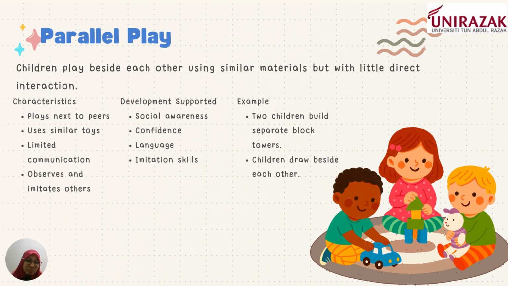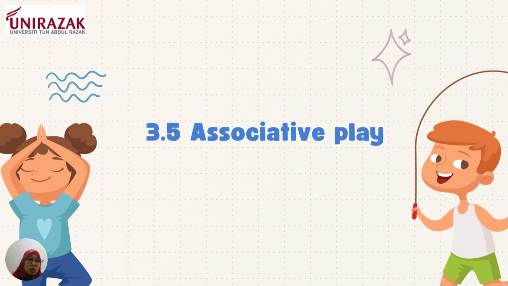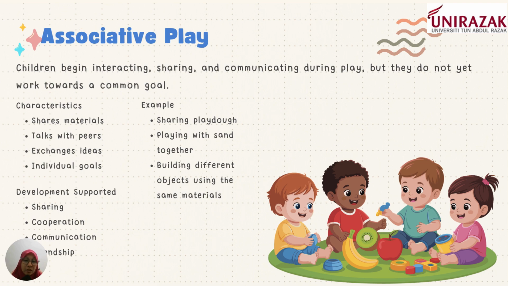Then we go to associative play. Associative play is a step where children start to interact more with each other. They associate. In this type of play, they share toys and they talk.